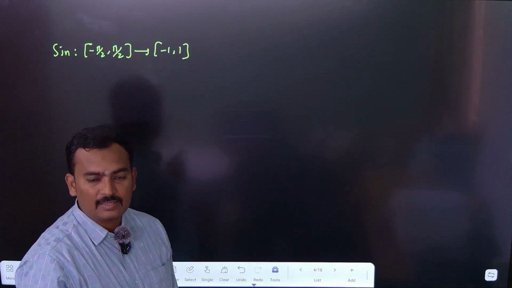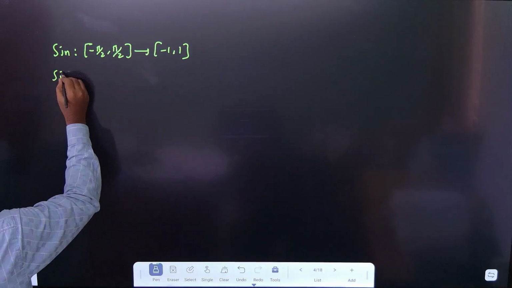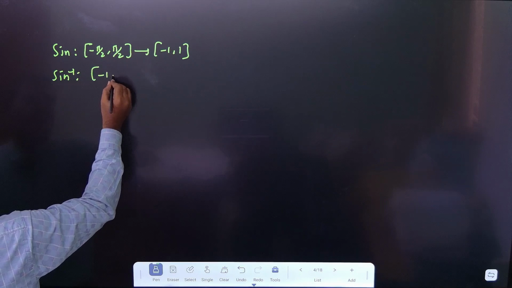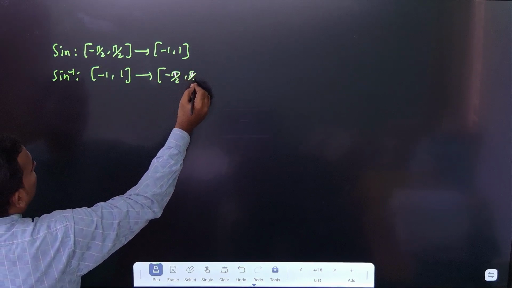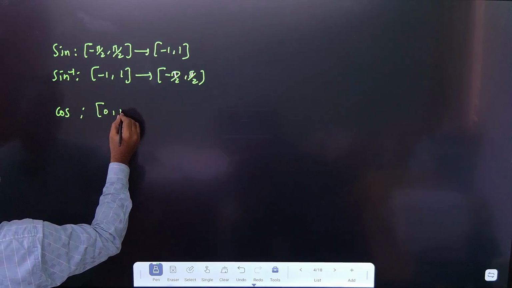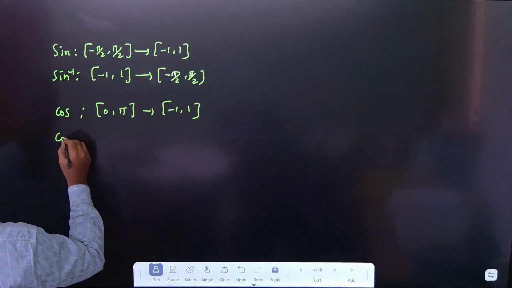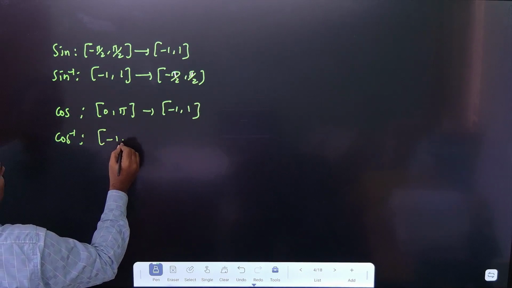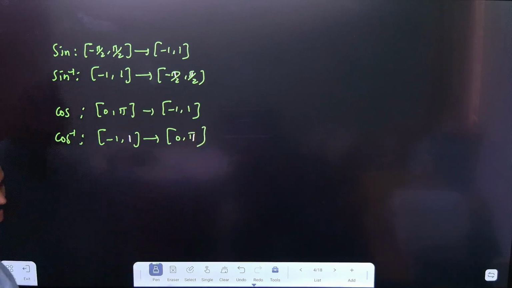So only a 1 to 1 correspondence will exist because the inverse is possible, no? Then sine inverse will be from minus 1 to 1 to minus pi by 2 to plus pi by 2. The same way the cos will be 0 to pi to minus 1 to 1, and then cos inverse will be minus 1 to 1 to 0 to pi. You already know this kind of thing.